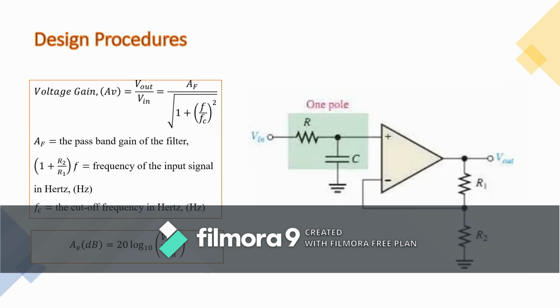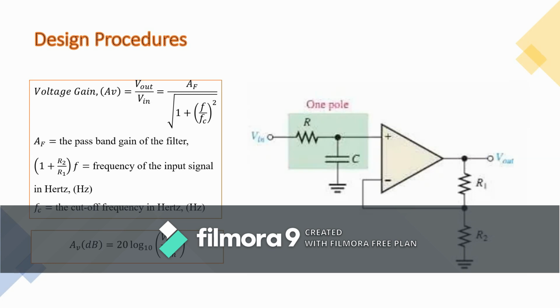Besides that, we can also calculate the voltage gain, which is Av, of the circuit. Voltage gain equals Vout over Vin, or equivalently AF divided by the square root of 1 plus (F divided by Fc) squared. F represents the frequency of the input signal and Fc represents the cutoff frequency as mentioned just now.